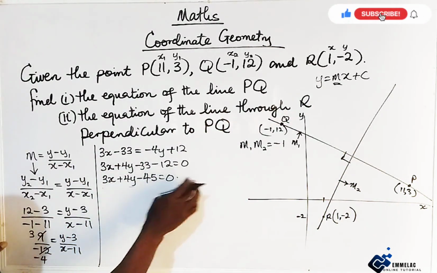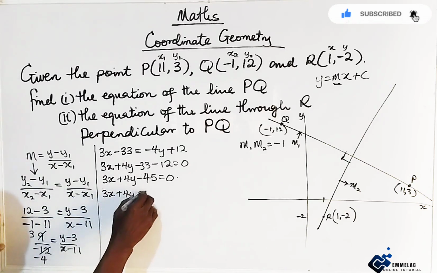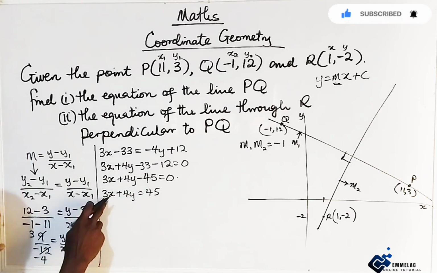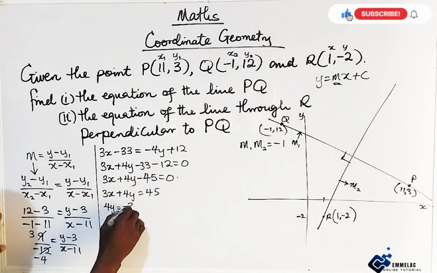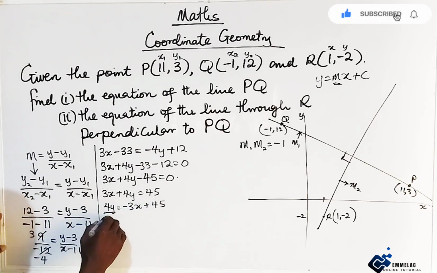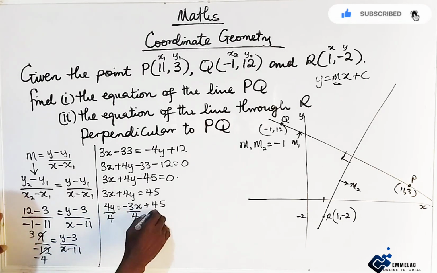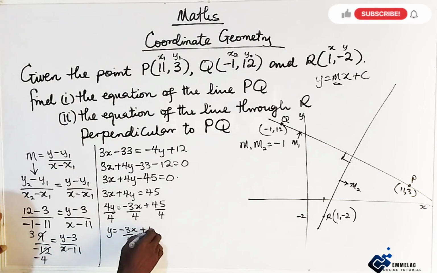Taking 45 over to here, we have 3x plus 4y equals 45. Now taking this also to this end, we have 4y equals minus 3x plus 45. Now the value goes up by 4, so here we have that y equals minus 3x all over 4 plus 45 all over 4.